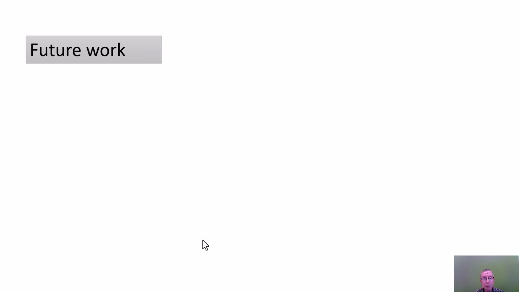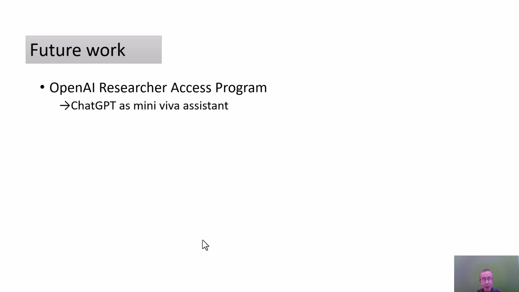However, the mini viva part and the use of AI to lessen the load of tutors in conducting the mini viva for this task is actually my main focus for the next phase of the research. The hope is to gain access to the OpenAI Researcher Access Programme to investigate the possibility of using ChatGPT to help scaffold the mini viva.